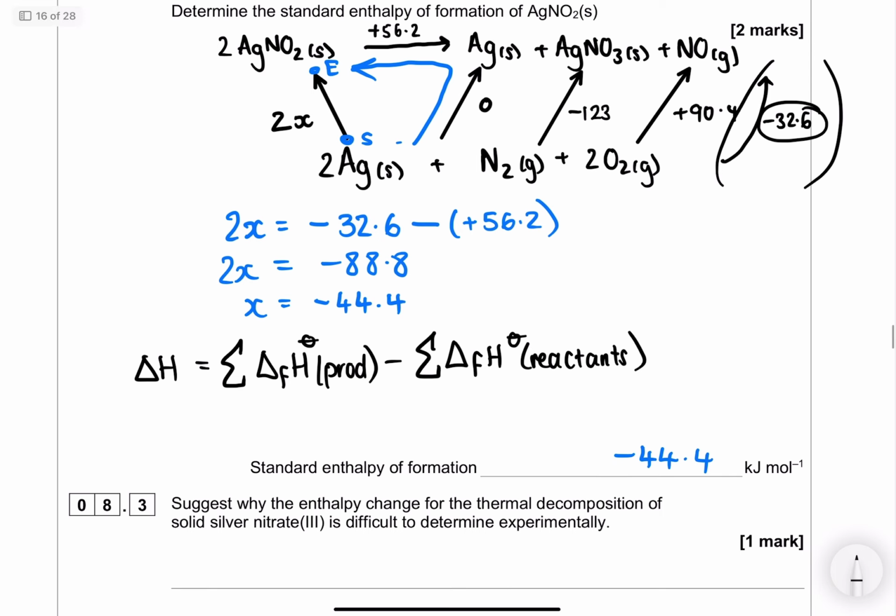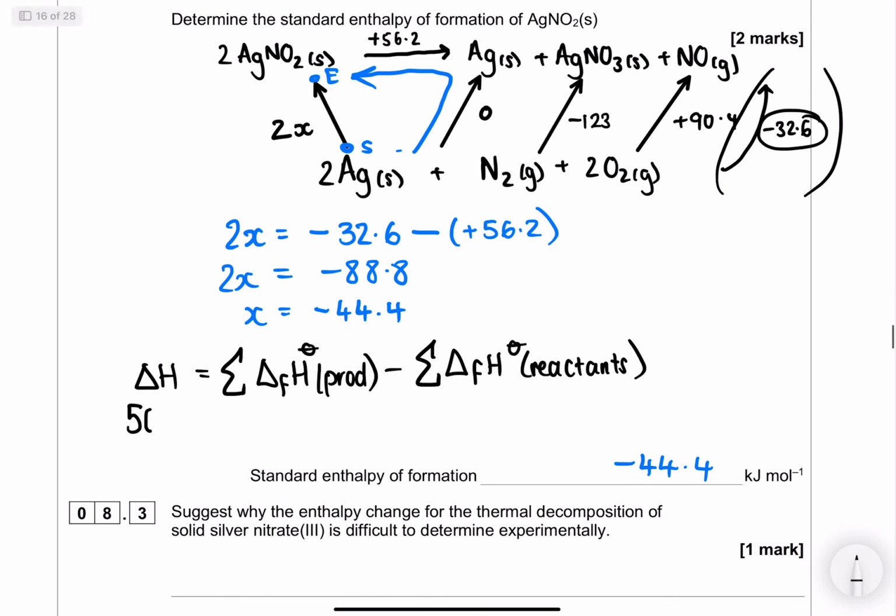And so you could have said 56.2 equals the sum of minus 123 plus 90.4 minus the sum of the reactants, so minus 2x, and rearrange to get the same equation that I had and get the same answer.